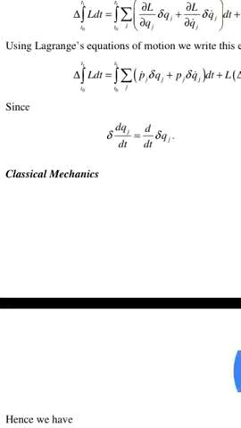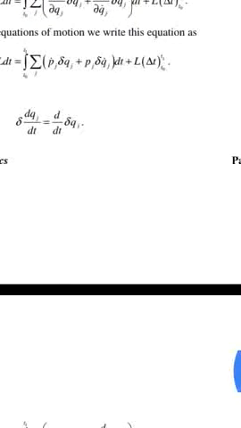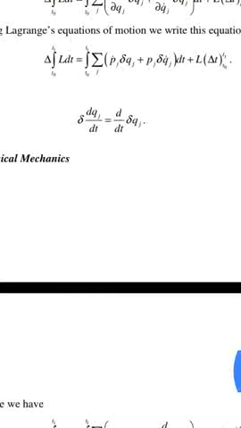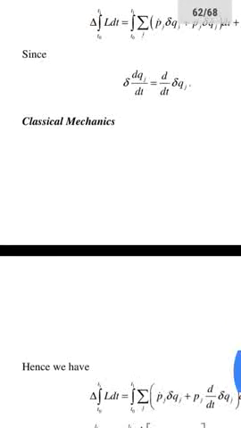Using Lagrange's equations of motion, we write this equation as del integration of t0 to t1 L dt is equal to integration of t0 to t1 summation of pj dot delta qj plus pj delta qj dot dt plus L delta t, t0 to t1.